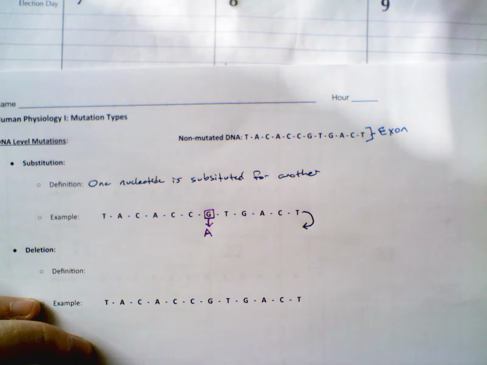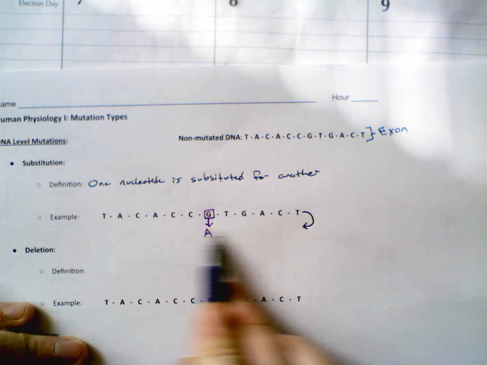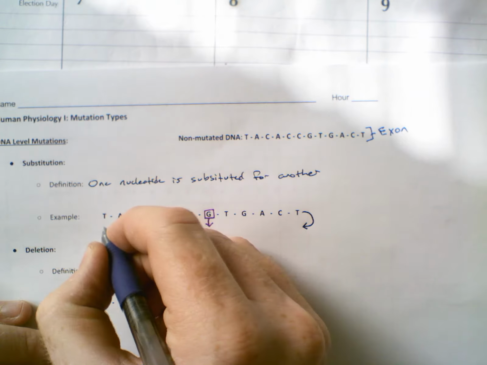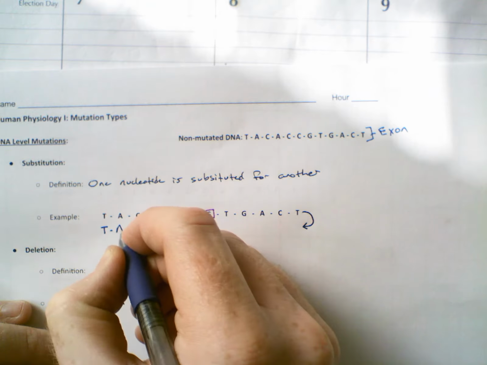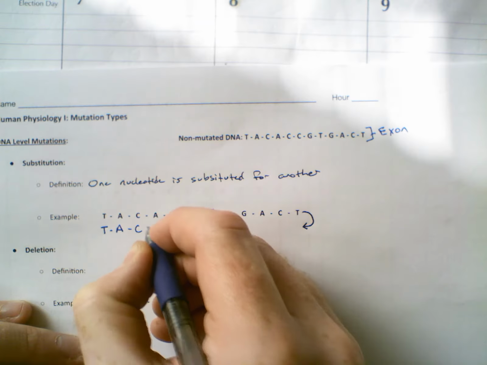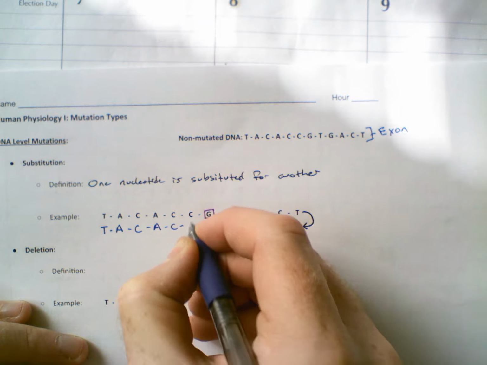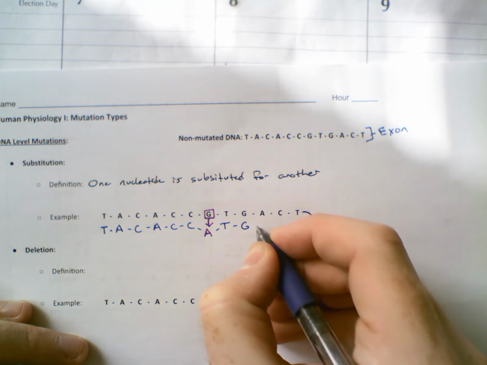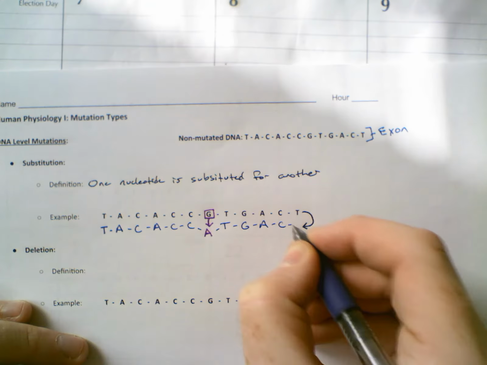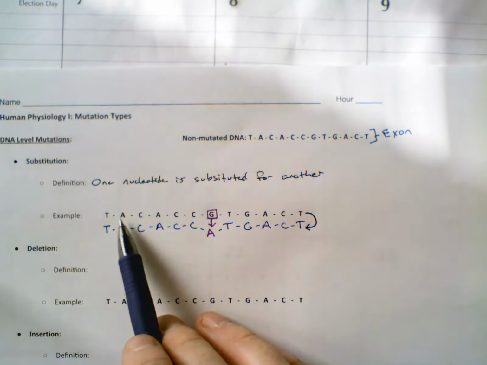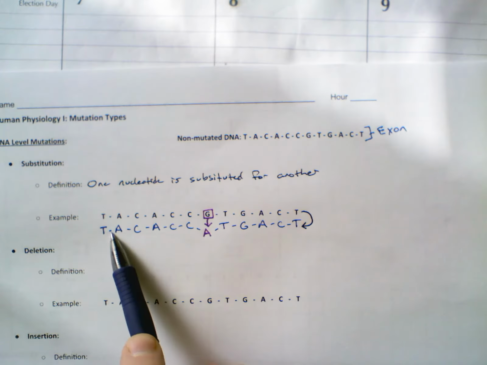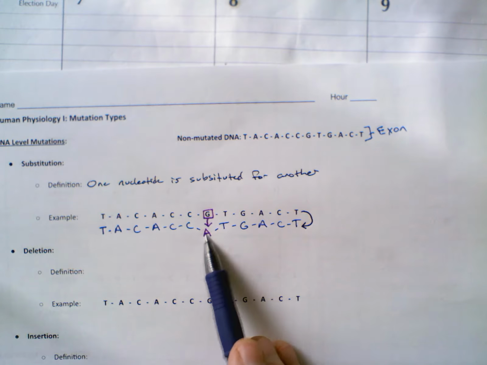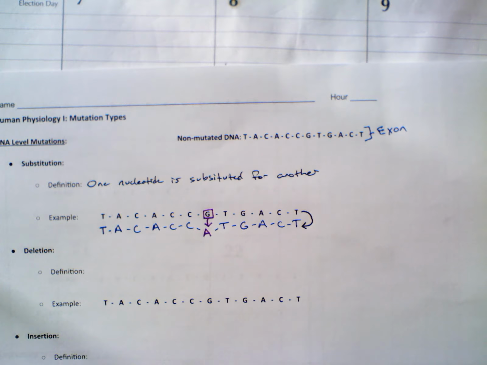If that is the only mutation, then everything else in the DNA strand is going to be the same. So now I'm using my mutated DNA color. Okay. So, there is our original DNA, there's our mutated strand, and there is the actual mutation. We went from a guanine to an adenine. That's the substitution. That's not too bad. Pretty easy.